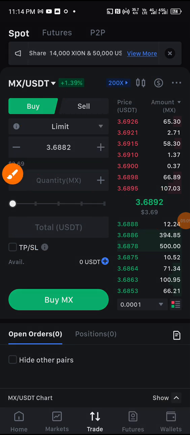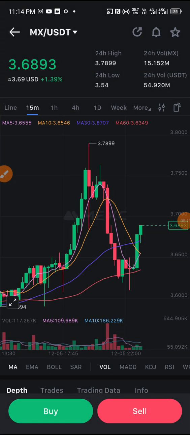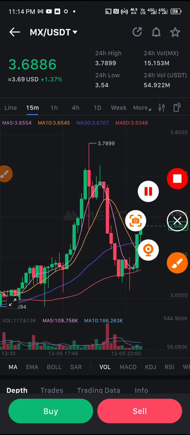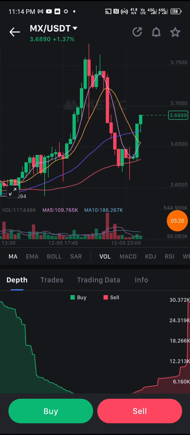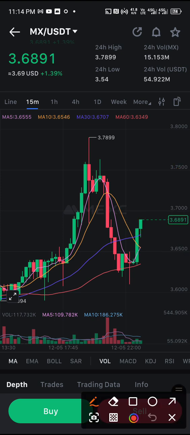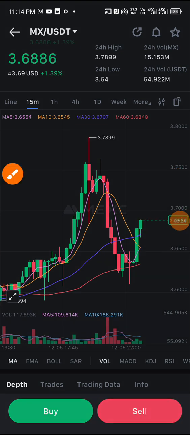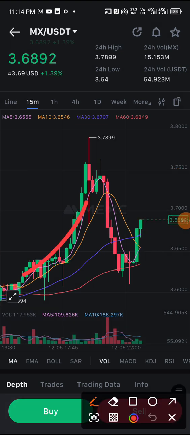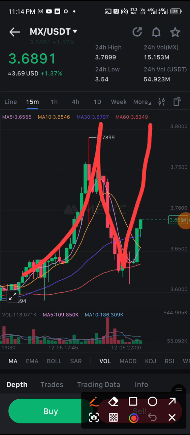Let's look at the candle. If you look at the candle, you see the ups and downs of this coin. You see how this coin has been doing, how it has been going up and down. You can all see that here, and it's also going up again. So these are the candles.